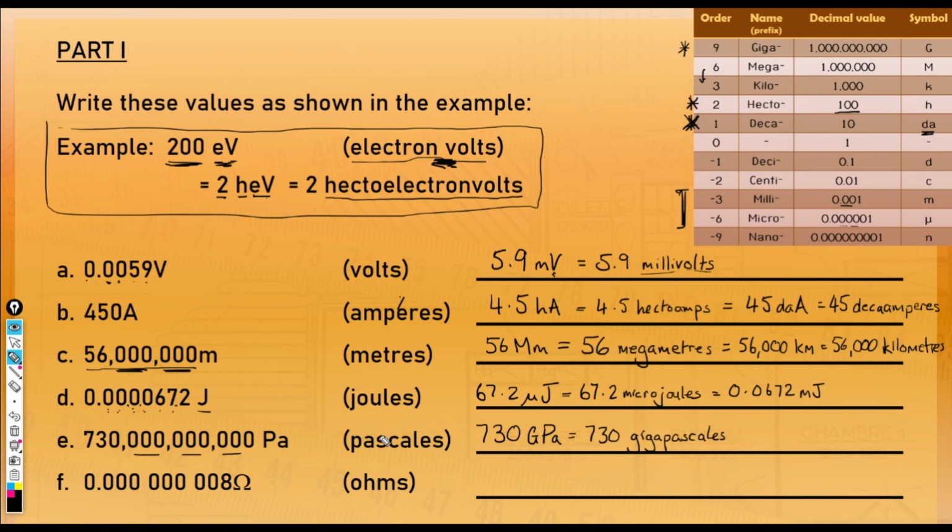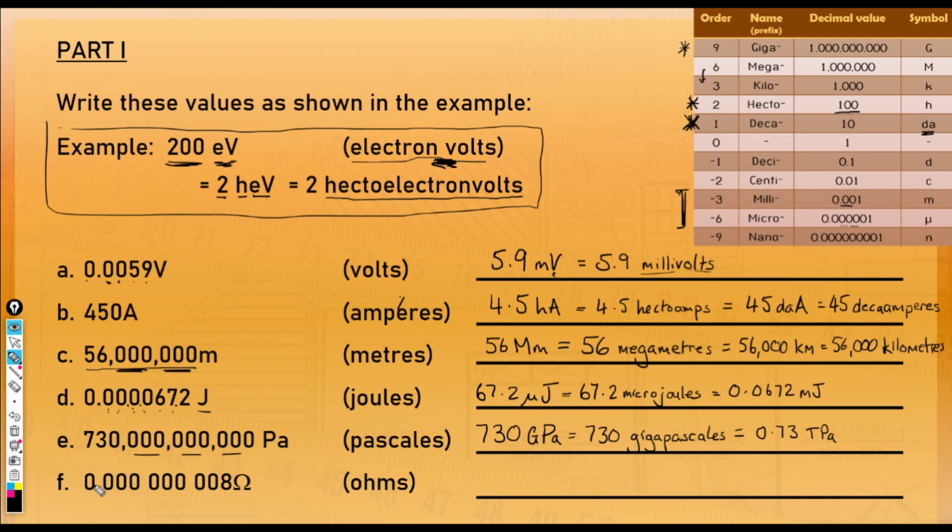Now then, if you are familiar, and you might be if you are using computers on a regular basis, the order above giga is tera. That is 12 orders from 1. That is corresponding to a trillion. So we could, if we wanted, write this as 0.73 terapascals, which is the next order up. And again, using a number less than 1, nothing wrong with that.